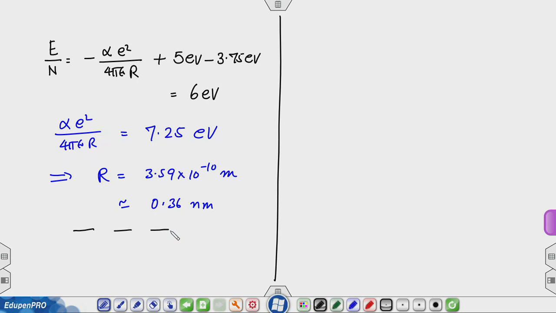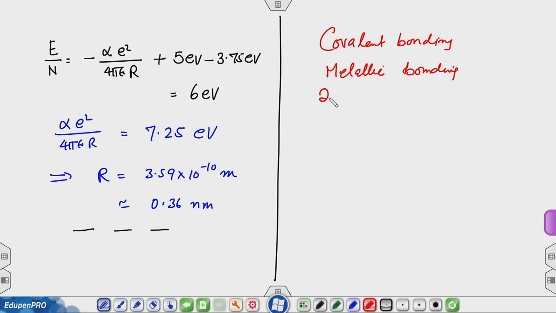Related solids, other kinds of bindings that take place in crystals, and which we cannot be very quantitative about here, are covalent bonding, metallic bonding, and hydrogen bonding.